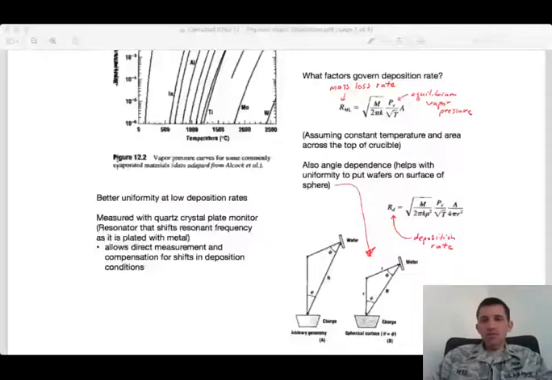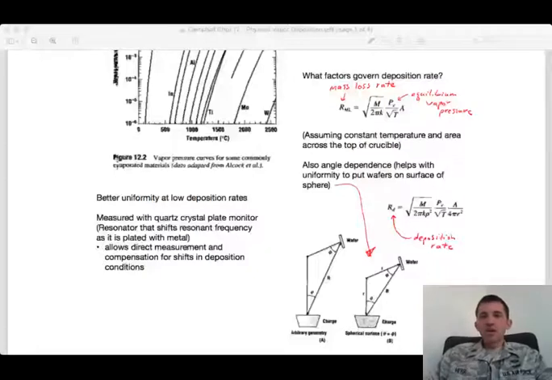And then you have this additional kind of solid angle term, this 4 pi r squared. And that accounts for the relative position of the wafer to the charge, right? So here we're assuming that this is the location on some sphere of some radius away from the charge.